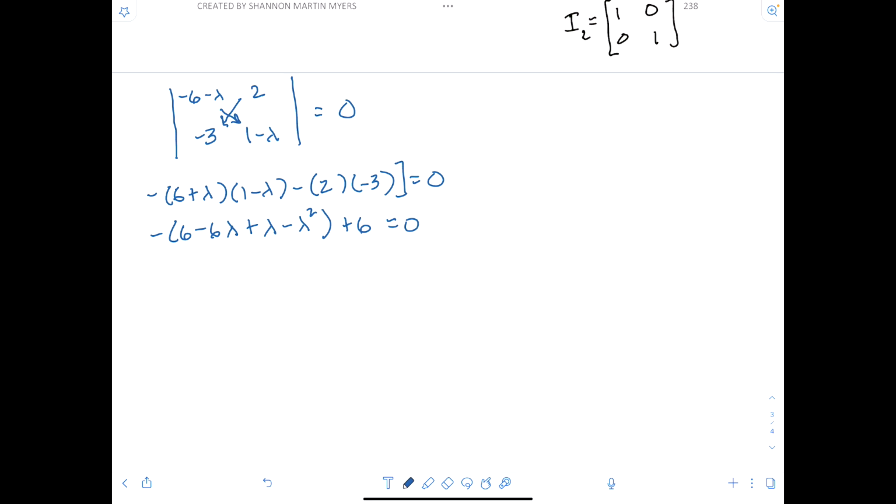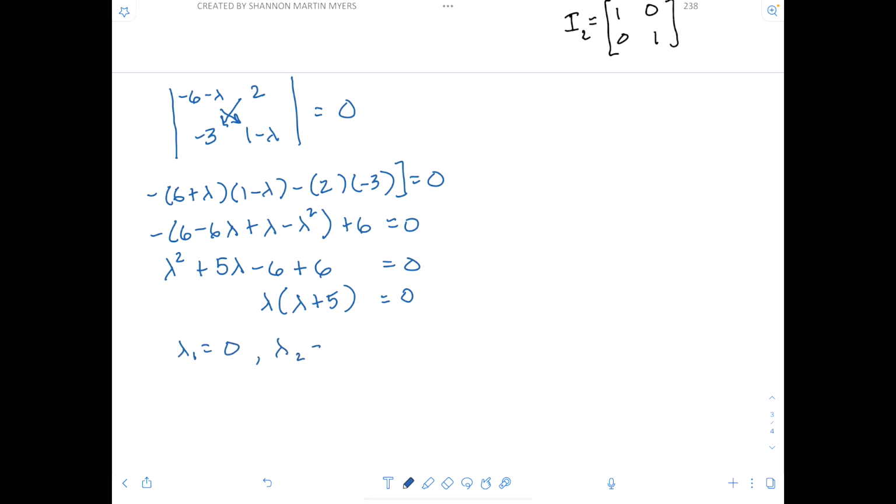That gives us positive lambda squared plus 5 lambda, and then minus 6 plus 6 is 0. The 6 zeros out, so we'll have lambda times lambda plus 5 is equal to 0. So lambda 1 is 0, and then lambda 2 is negative 5. Cool so far? All right, perfect.